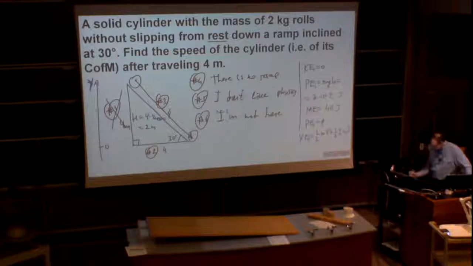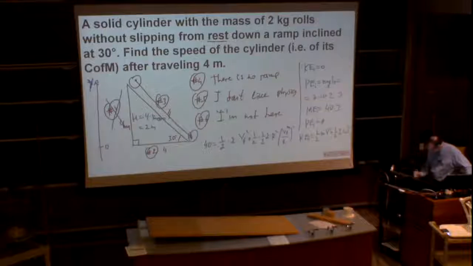And the law of conservation of mechanical energy tells us 40 joules should be equal to 1/2 times 2 times speed squared, which we need to calculate, plus 1/2 times I, that's a disk, so form factor equals 1/2 times mass times unknown radius squared, but now we're not scared, because we know omega should be equal to that same final speed divided by the same radius, squared.